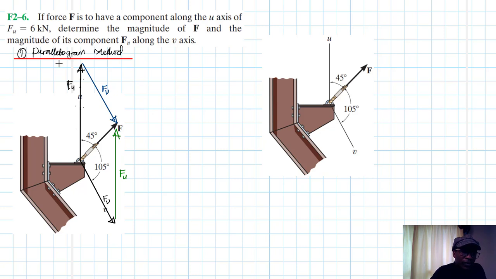We know that this angle here is going to be equal to 105. For this one here, the total angles in a triangle is 180, so we subtract: 180 minus 105 minus 45 gives 30.